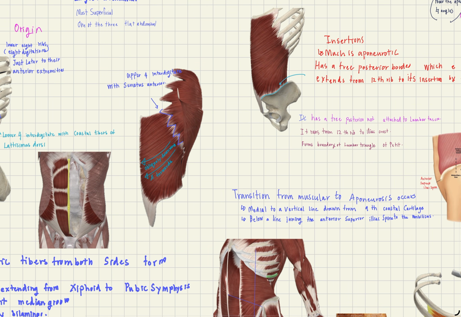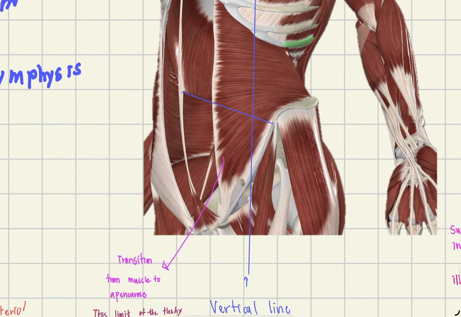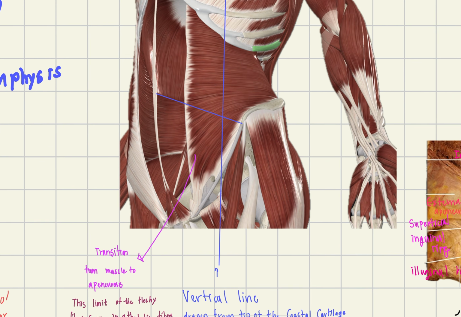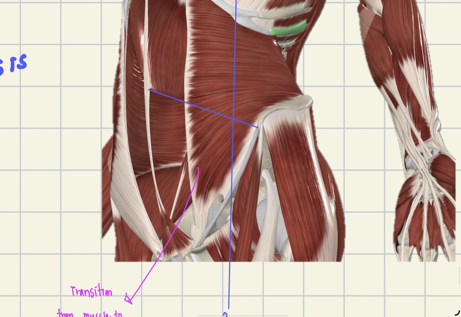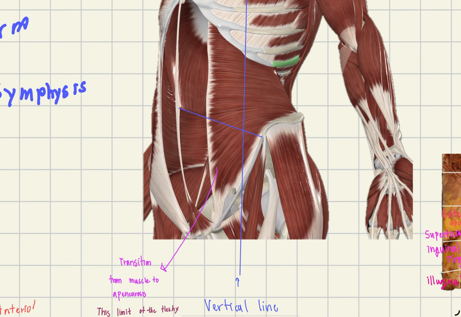Muscular fibers are replaced by an aponeurosis below a line joining the anterior superior iliac spine to the umbilicus, and medial to a vertical line drawn from the tip of the ninth costal cartilage.